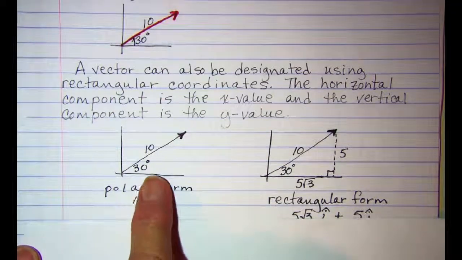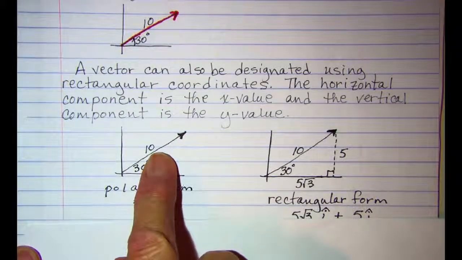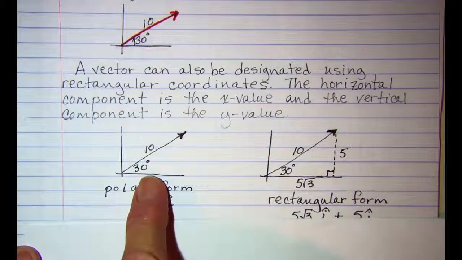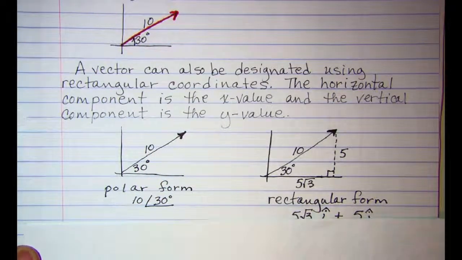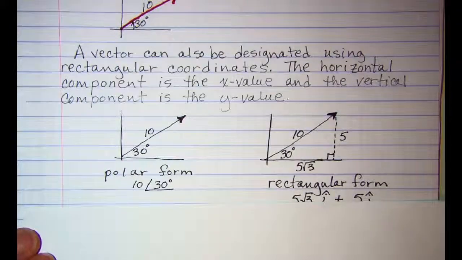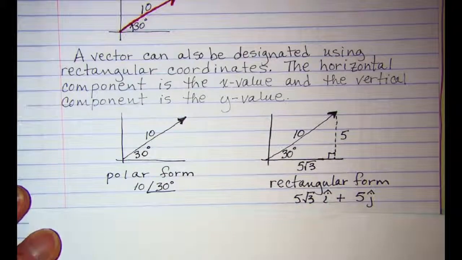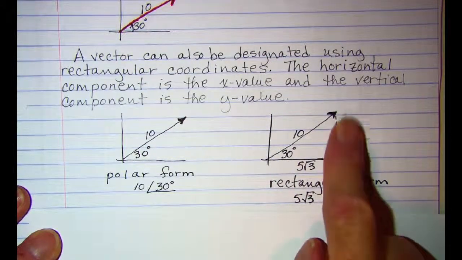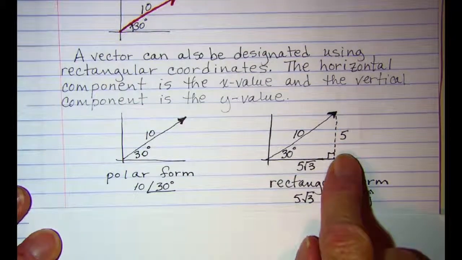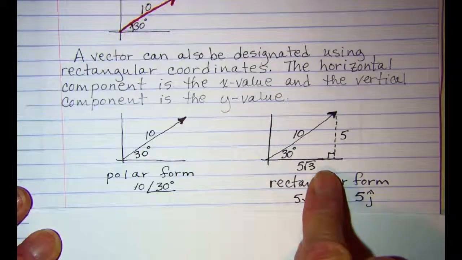So our polar form of our vector, 10 pounds of force applied at 30 degrees, can be shown this way. And then if we break that down into its horizontal and vertical components, we can see that the vertical component would be 5, and the horizontal component would be 5 root 3.